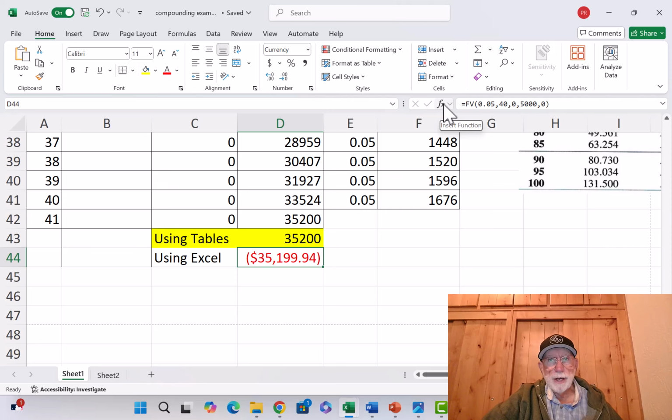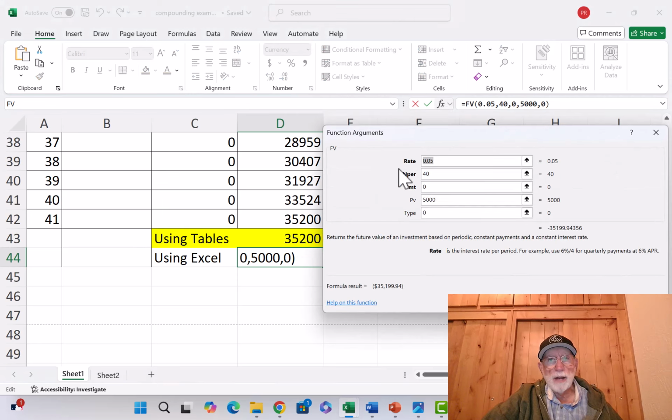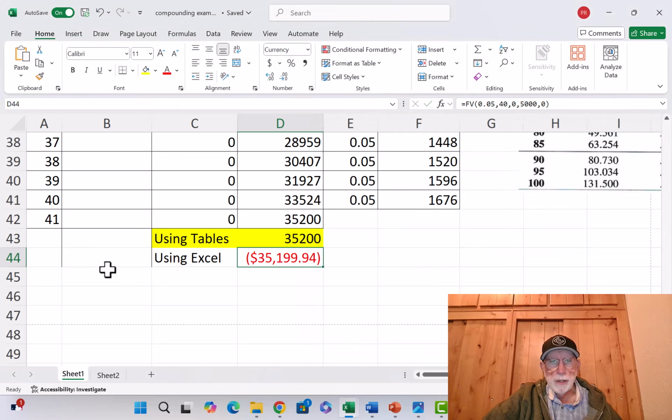And if you click on that, you get a whole library of functions, including financial functions. And the one we want is FV, future value. And you can put in the arguments, the rate, number of periods. There is no payment here. We're talking about a lump sum up front. That's called a present value, 5,000.